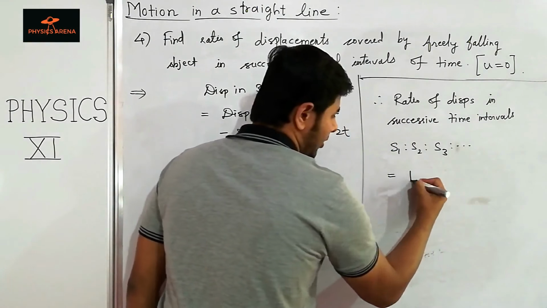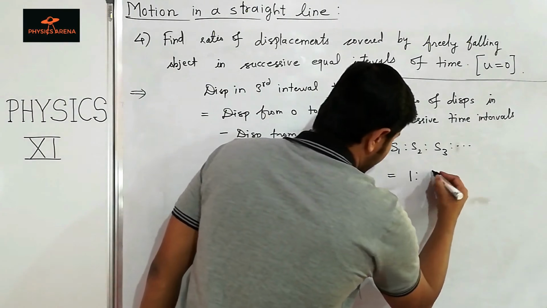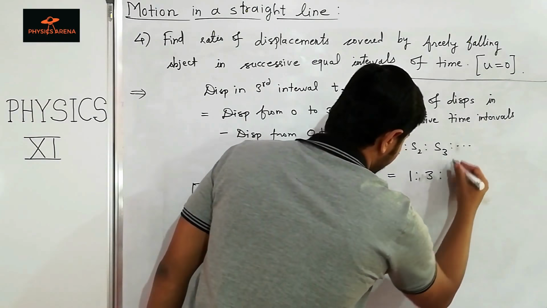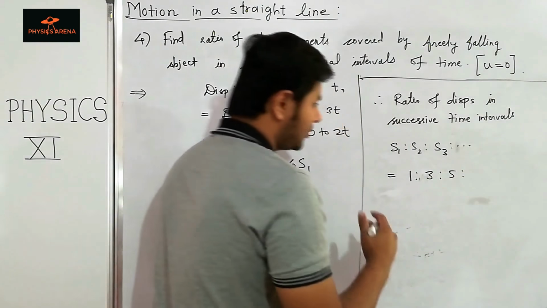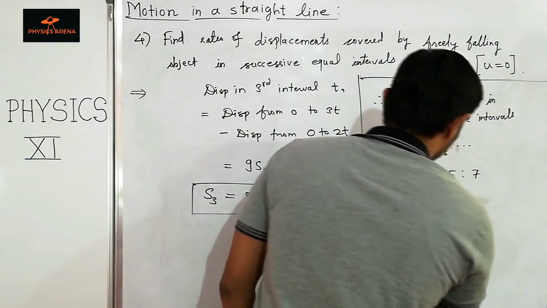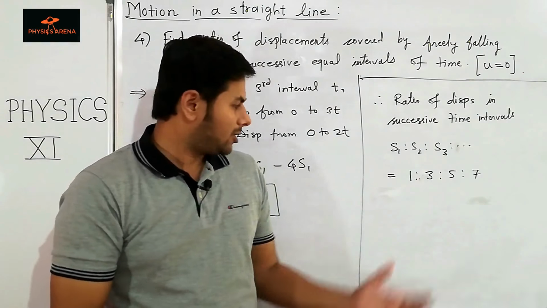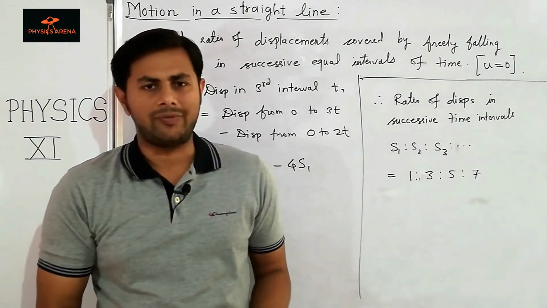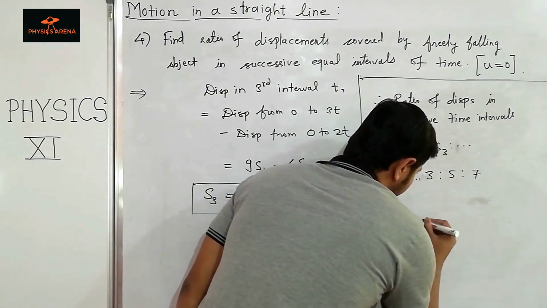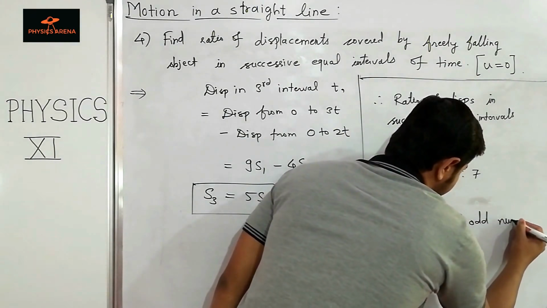It is 1, since s2 is 3 times s1, so 1 is to 3 is to 5, and so on. So it is going to be 7 and so on. And this thing has got a name. It is called Galileo's law of odd numbers.